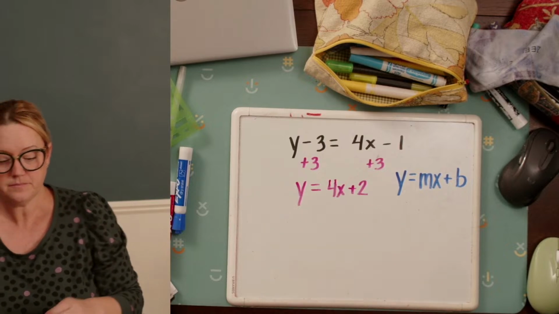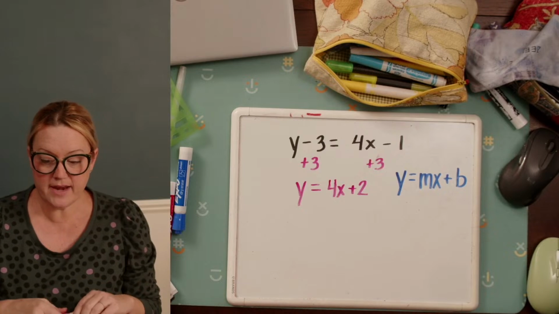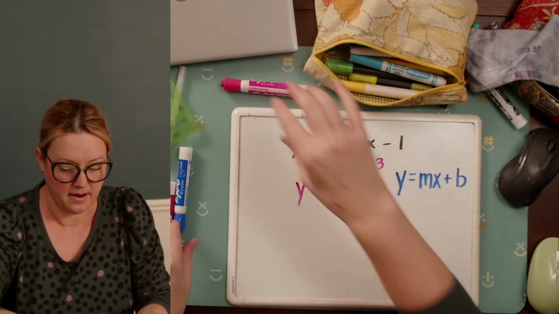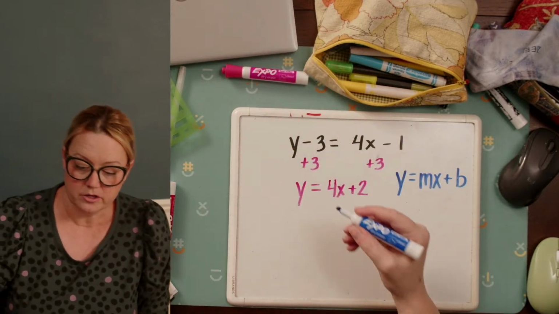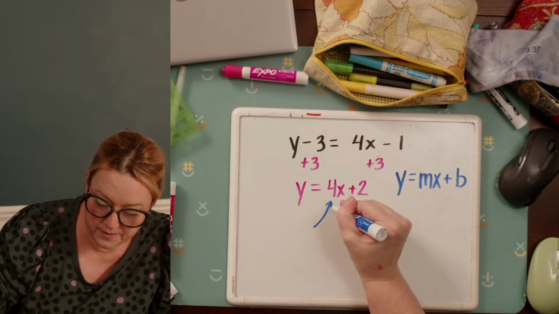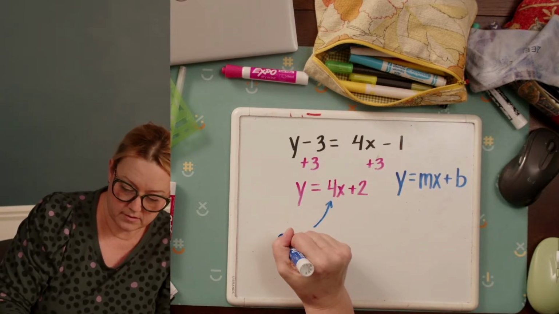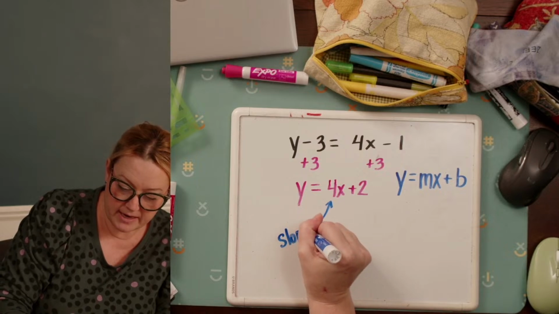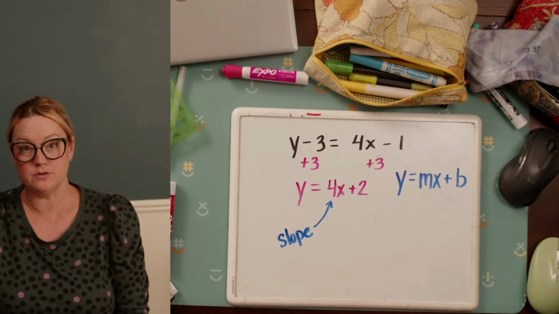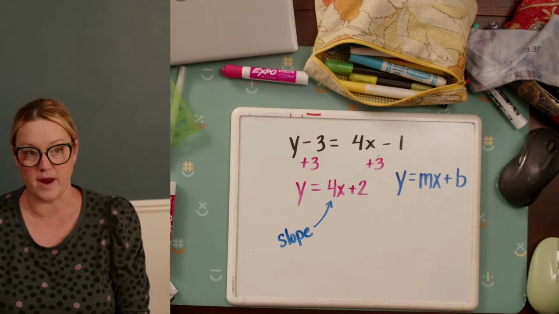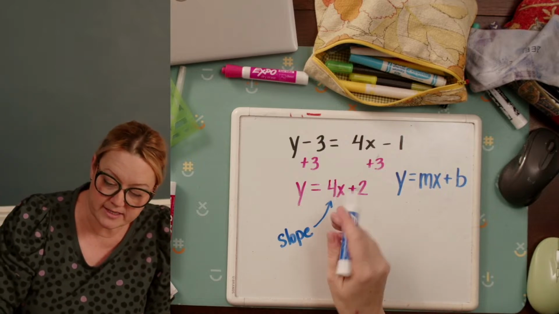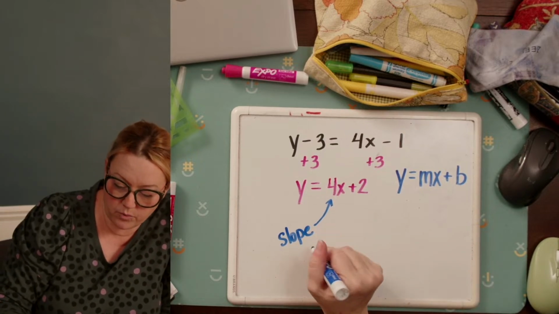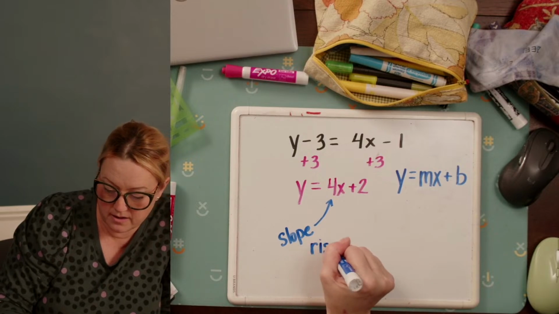Okay? All right. So now that I have that, I've got my information. So I know that my slope is 4. And again, my slope is like, what are my steps with the stairs, right? Or with the ramp, right? So my slope is my rise over my run.